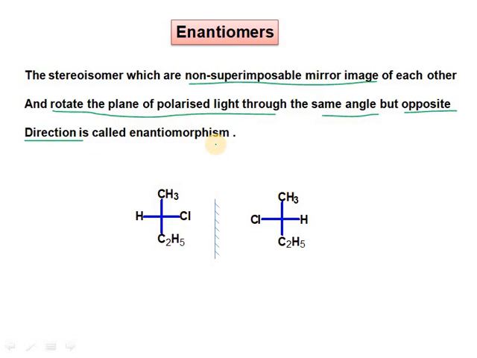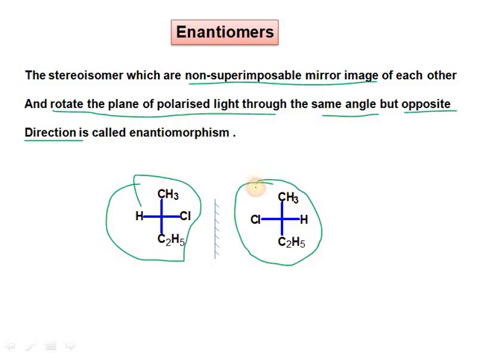This is called enantiomerism. For example, this is 2-fluorobutane. These two molecules are non-superimposable on their mirror image. One is the D form, the other is the L form of these isomers.